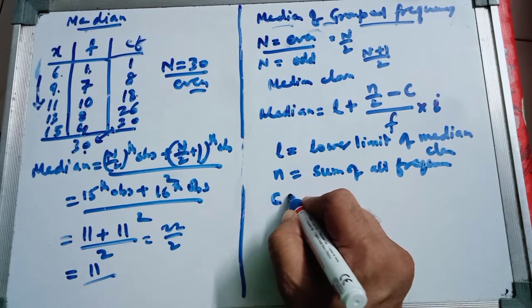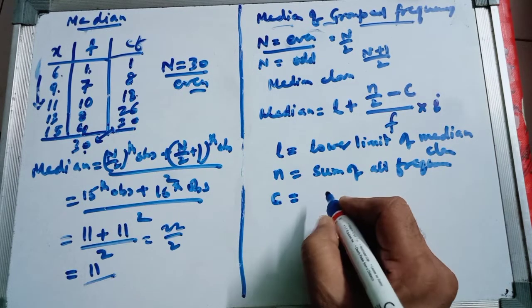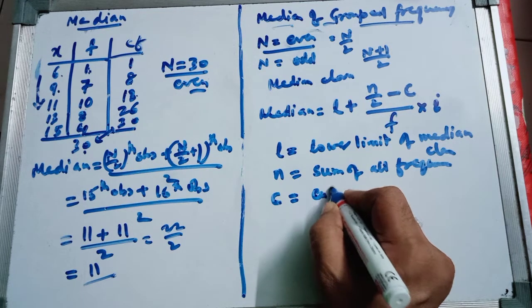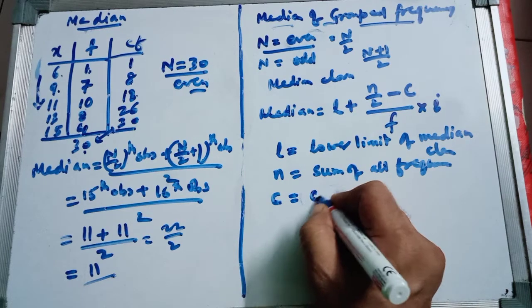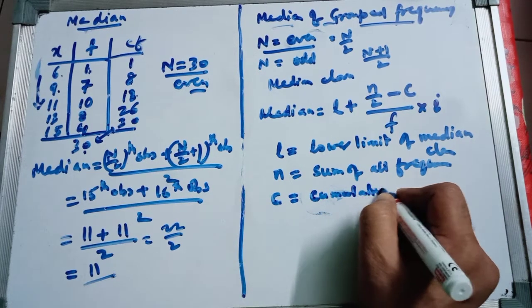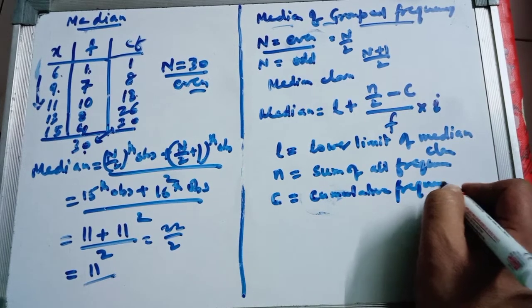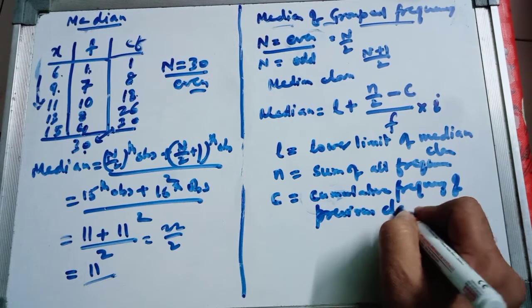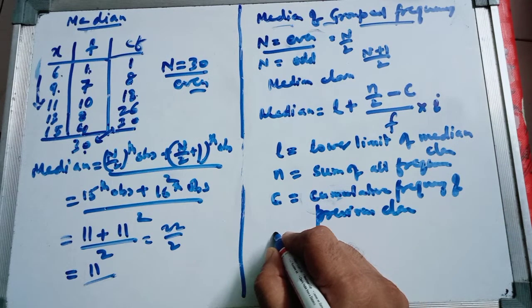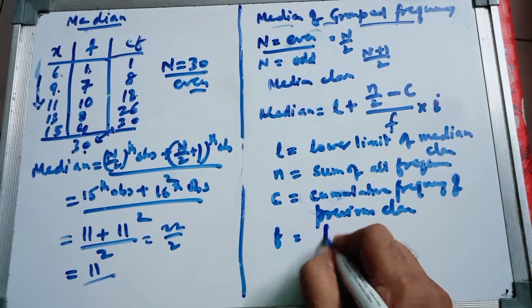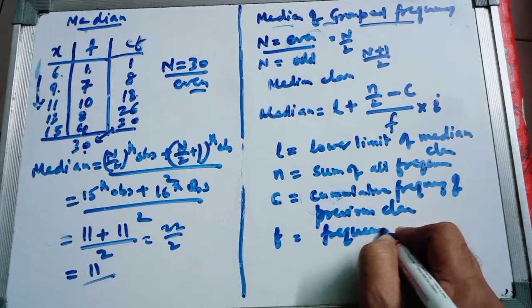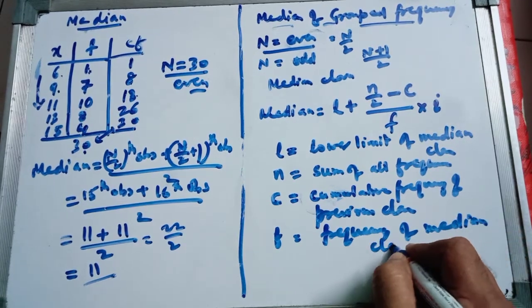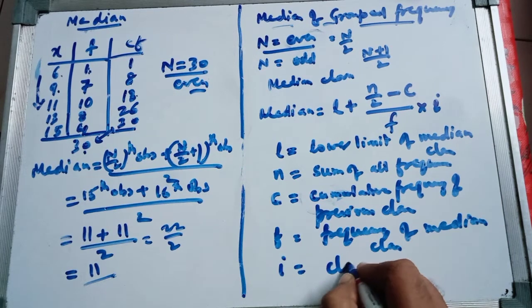And this C is the cumulative frequency of the previous class. f is equal to the frequency of the median class, and h is the class size.